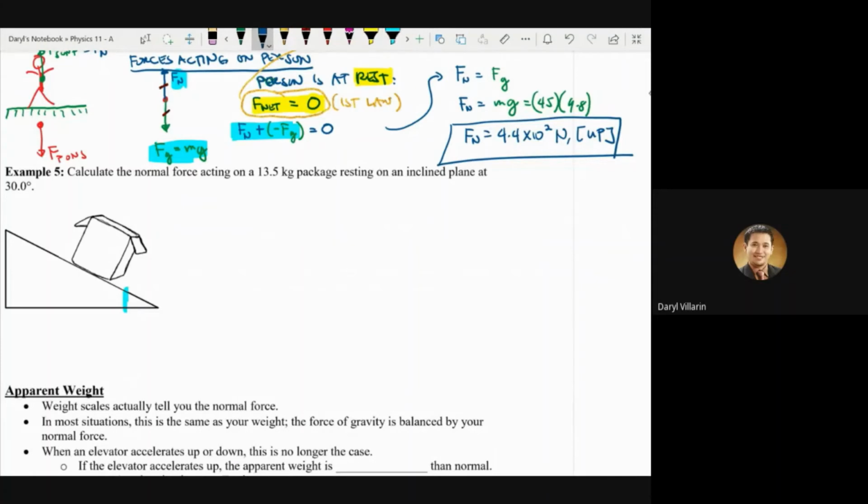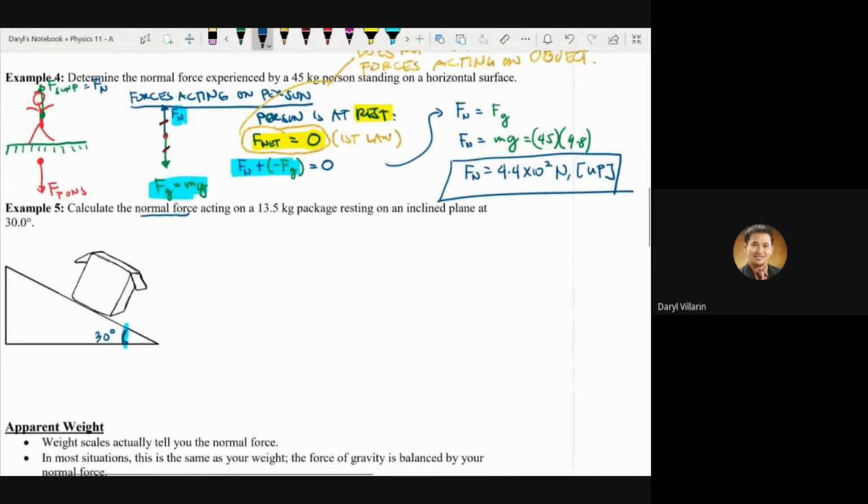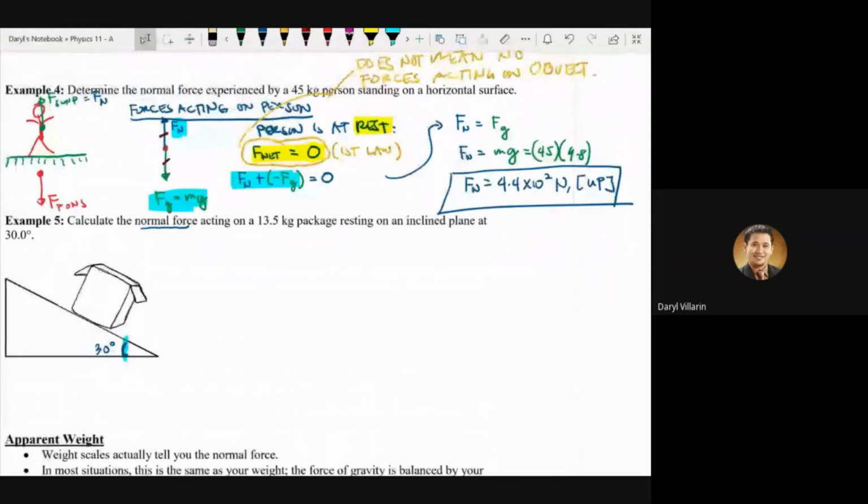It's not resting horizontally on the surface. This is around 30 degrees here. So it's not as simple as the normal force being equivalent to the weight. That is only true if the object is lying horizontally on a surface, but in this case it is on an inclined plane.